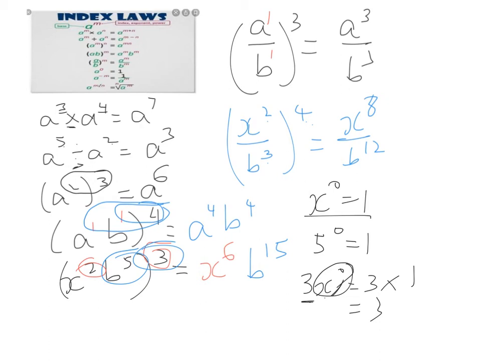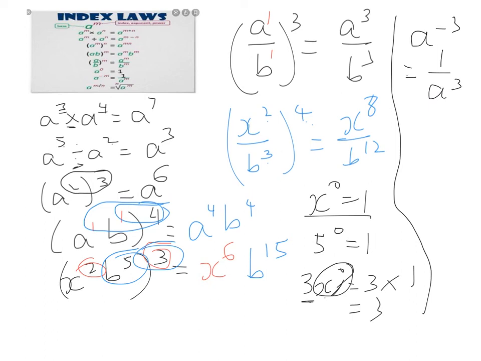For the last couple here, this has to do with our negative power. As soon as we've got a negative power, it becomes a reciprocal, and that power becomes positive. So if we had something like a to the power of negative 3, that becomes 1 over a to the power of 3.